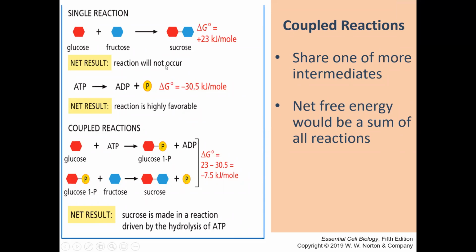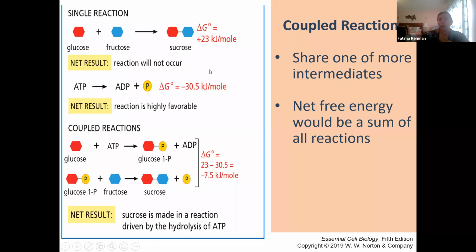So in a coupled reaction, you would not look at these individually, but rather combine all those steps together and get an overall sum to get the final answer regarding whether this will happen or not. So a coupled reaction is one where a glucose molecule gets a phosphate added to it, and then it is combined with a fructose to create sucrose.